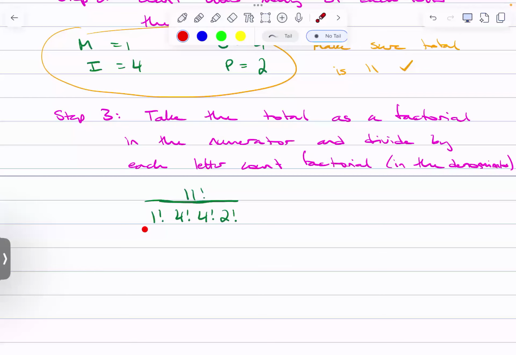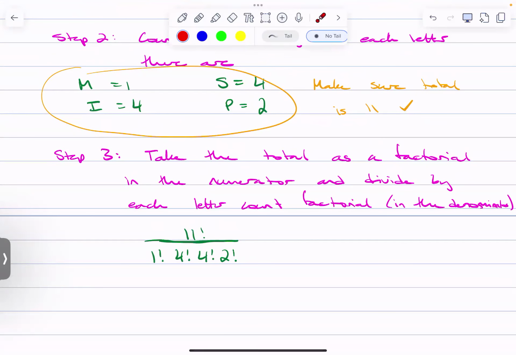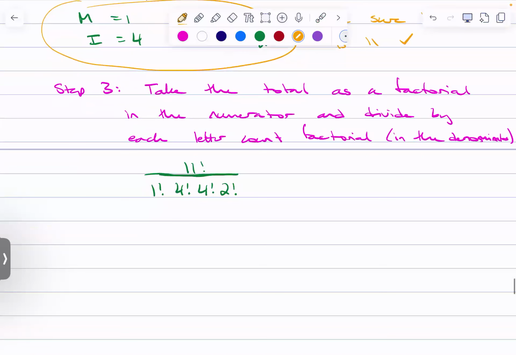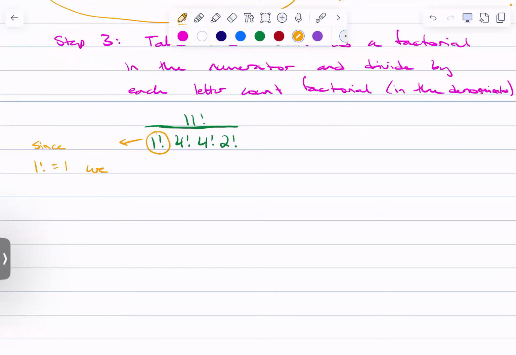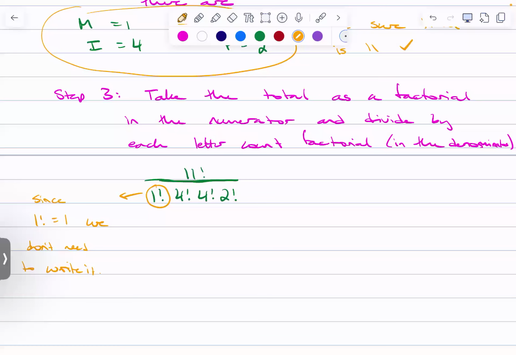Usually we don't bother writing the 1 factorial because it's just 1, and so usually we skip that part, but technically it's there and it's okay to put it there. Since 1 factorial is 1, we don't need to write it, but it's technically not wrong to write it.